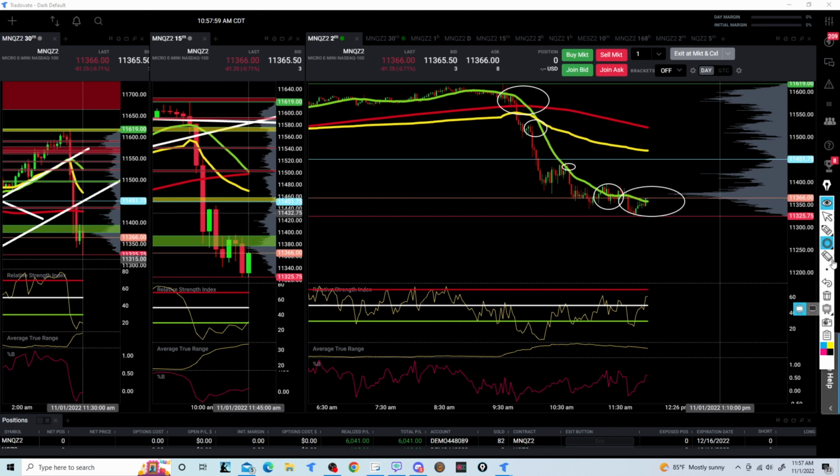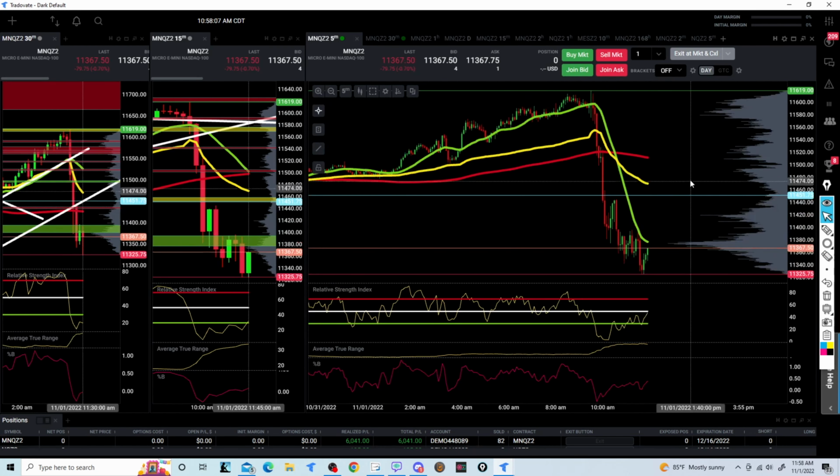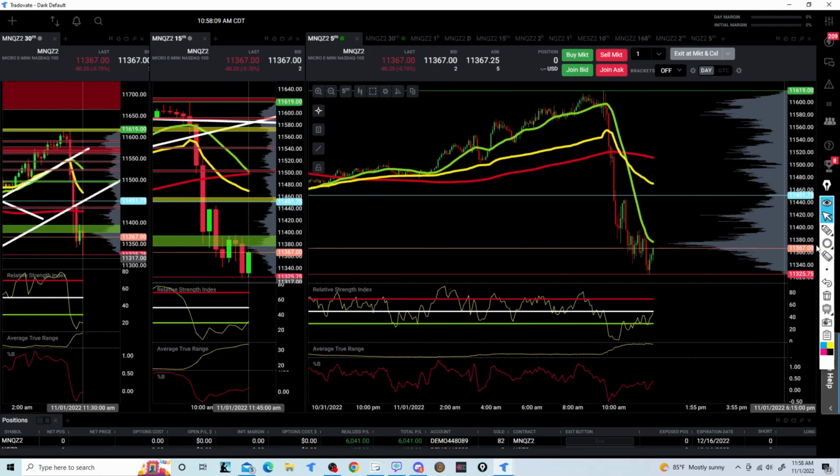So I cleaned up the charts just so you guys could see nothing but the 20 and the 200. Now, let's go look at a 5-minute chart. It doesn't matter what time frame you trade it on. If you're trading in the trend of the 20, you're buying at or near the 20 period moving average.